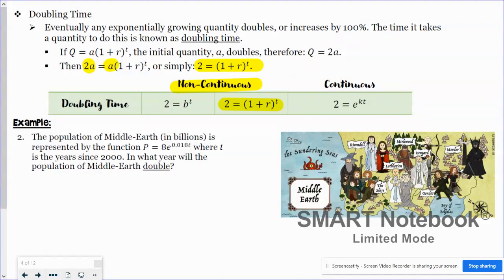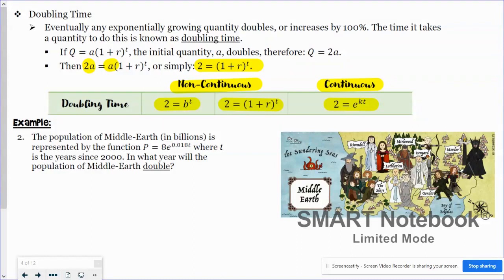So basically, all of these problems can be set up: 2 equals the base to the t power. That's like the general formula. Our non-continuous base b functions, b is going to be equal to 1 plus r. Our continuous base e functions, we're going to have 2 is equal to e to the kt power.